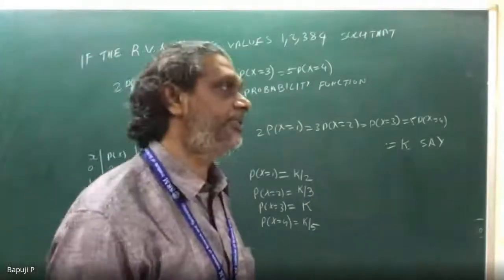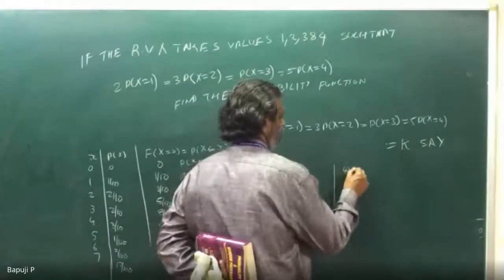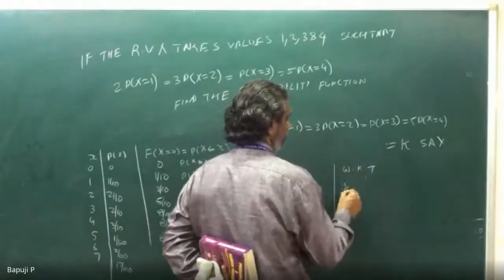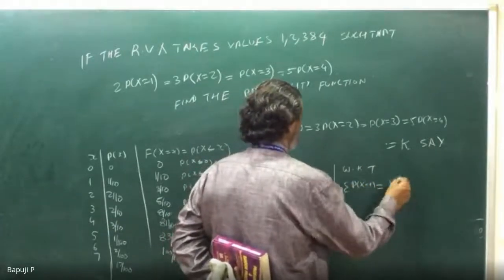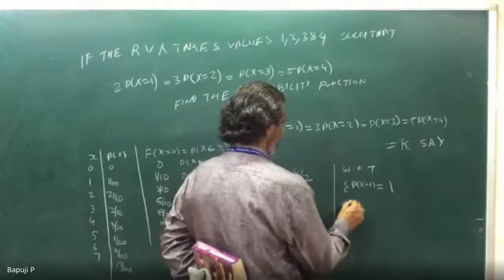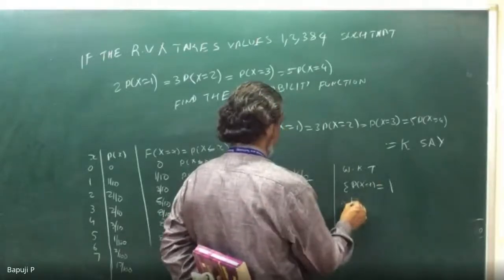What I know is sigma p of x is 1. We know that. So how can you write this?